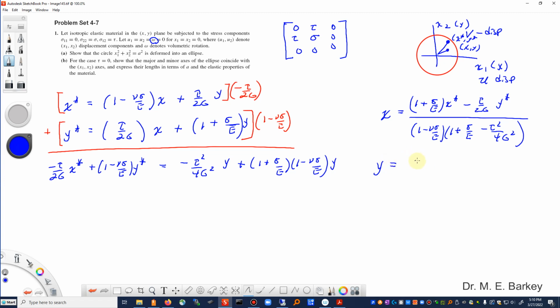So I'm going to have minus tau over 2G times x star plus 1 minus nu sigma over E times y star, all divided by, I'm going to write it this way, 1 plus sigma over E times 1 minus nu sigma over E. It's the same term right here. Then a minus tau squared over 4G squared.